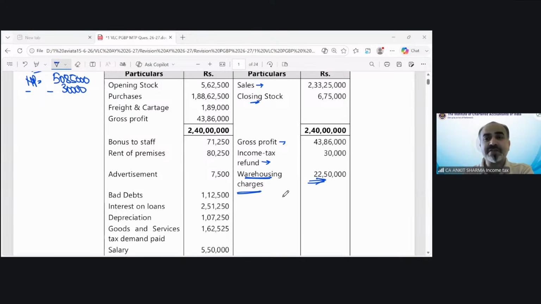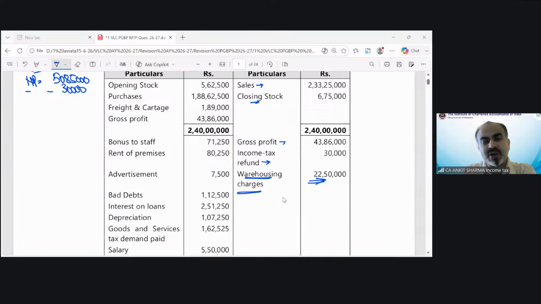But section 35AD specified business does not have any effect under the default tax regime. So under the default tax regime, this warehousing charges would be normal income. So we are not going to do anything with it, but we will do under the optional tax regime.